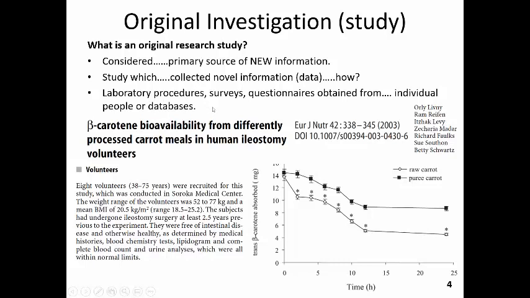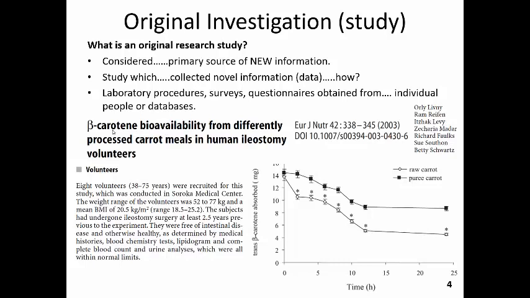What we're looking at here at the bottom of the slide is excerpts from a research study published in 2003 in the European Journal of Nutrition. In this research study, the researchers were interested in the bioavailability of beta carotene.